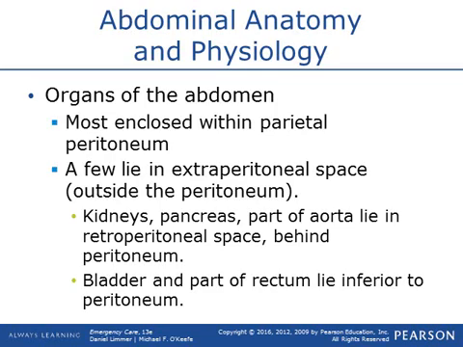Most of those organs are within that parietal peritoneum. There are a few that lie in the extraperitoneal space, basically just right outside that peritoneum sac. So they just kind of take up their own space, and most of those lie on the posterior side of that sac.